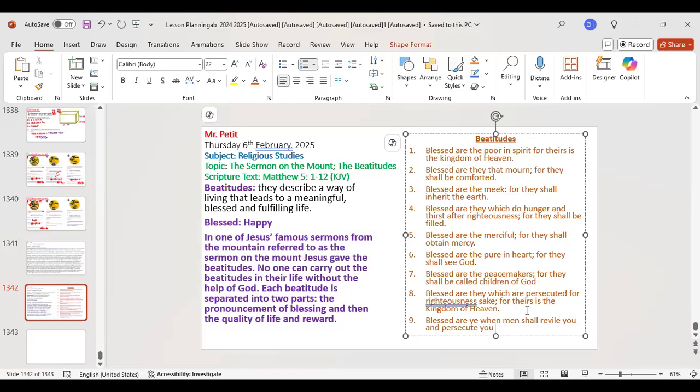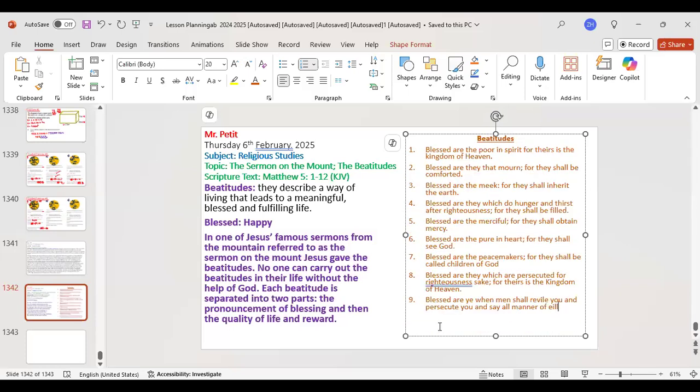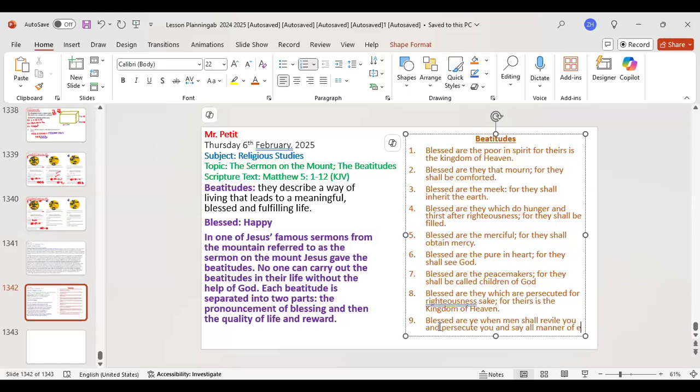Mr. Petite, I thought it was 8. Sometimes we combine 8 and 9 basically, because it's basically saying the same thing. Blessed are ye when men shall revile you and persecute you, and say all manner of evil against you.